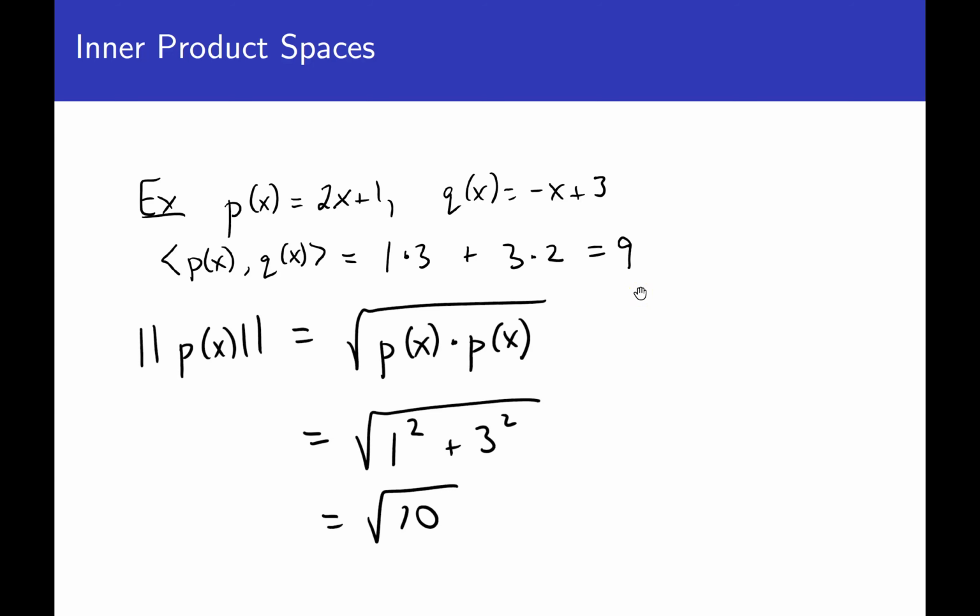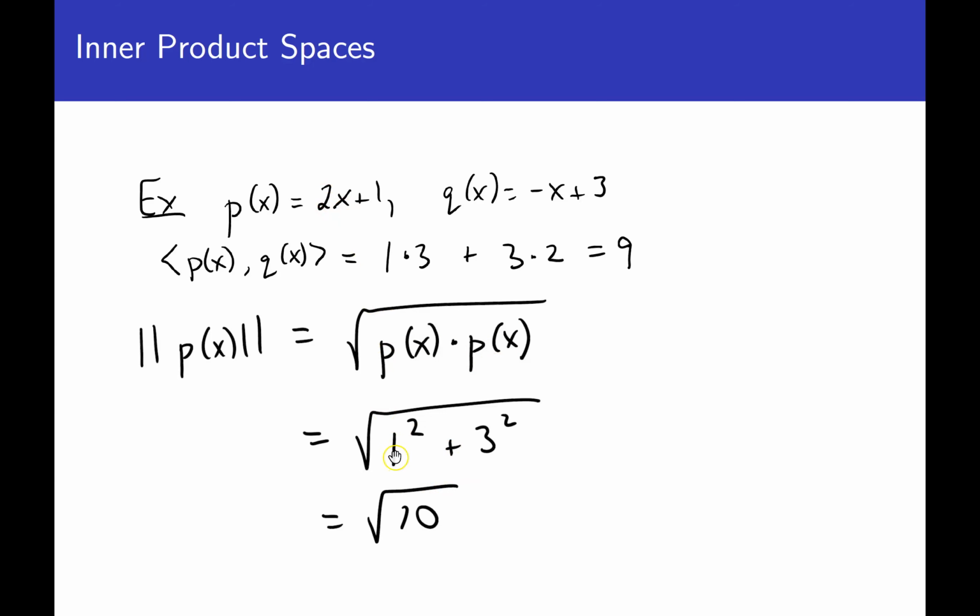Remember I said that the reason why we care about property 4 is so that we can define a length function, a magnitude function. The magnitude of a vector is defined as the square root of the inner product with itself. This is why we want to make sure it's non-negative. Now when I take the inner product of p of x with itself, I put in 0 and I put in 1 and add them together.